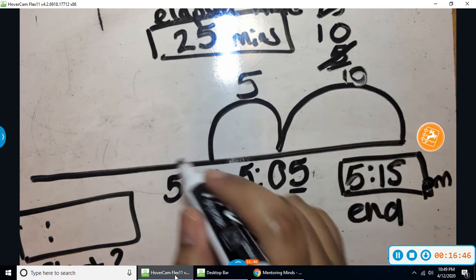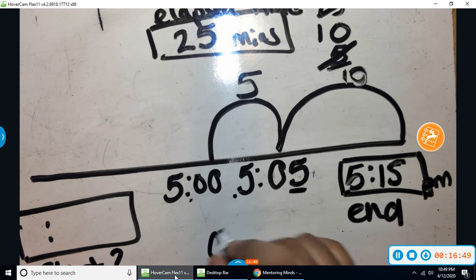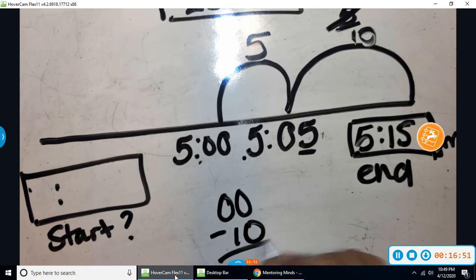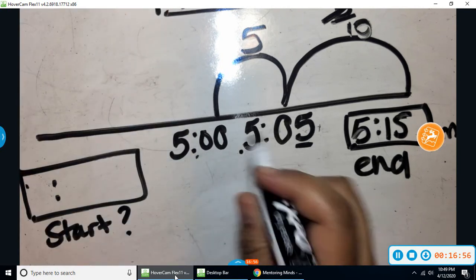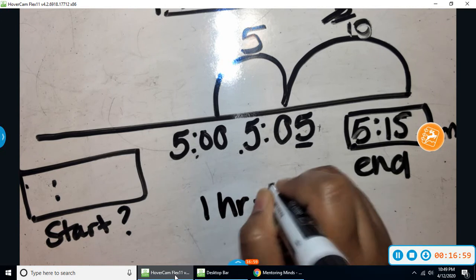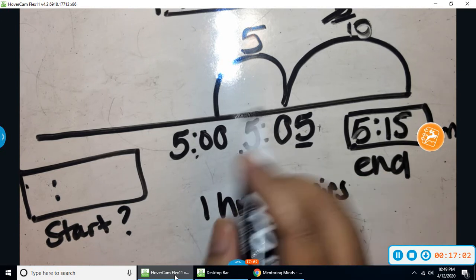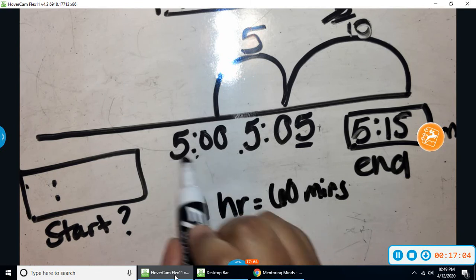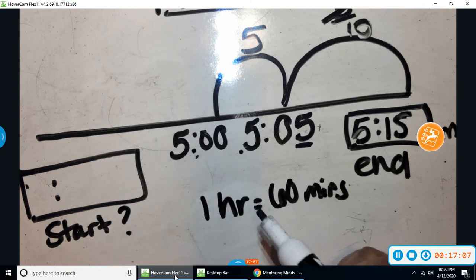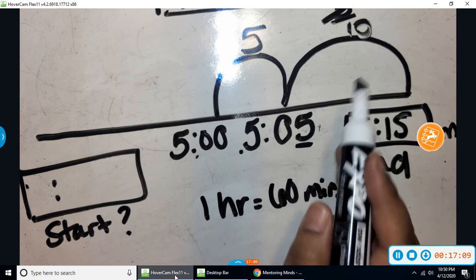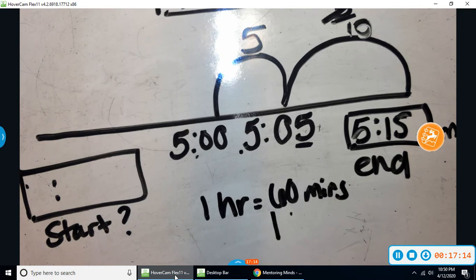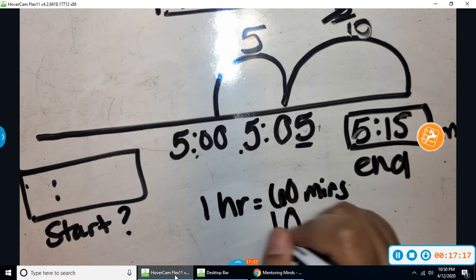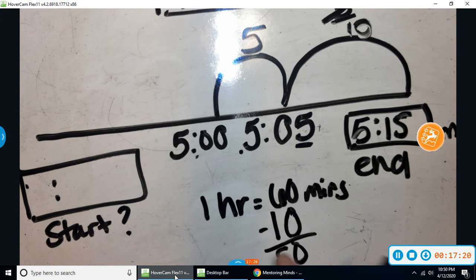I have to go back 10 minutes, but I can't do 0 minus 10. That's not the way we do time. However, think of it this way: 1 hour equals 60 minutes, right? So at 5 o'clock, I have 60 minutes within the 4, within the hour of 4. So in my head I'm thinking 60 minus 10, that gives me 50.